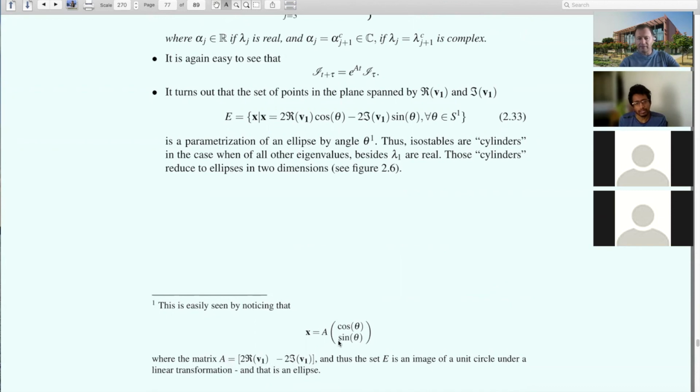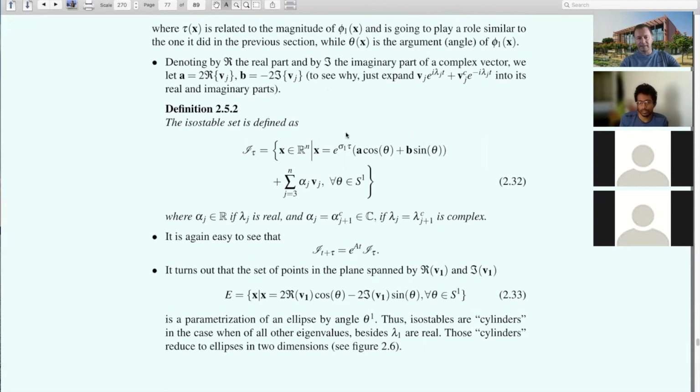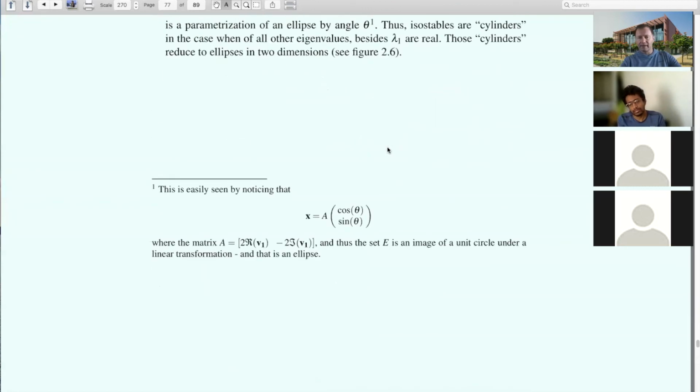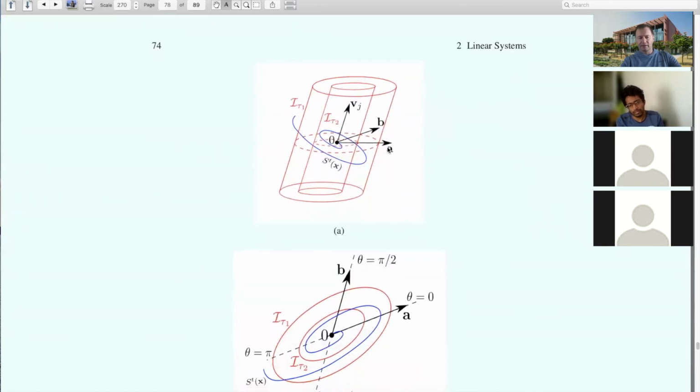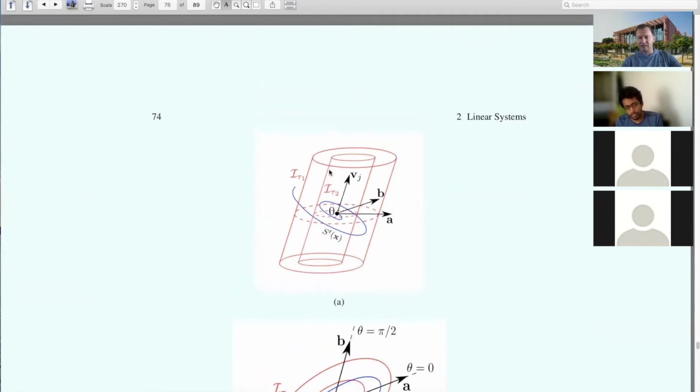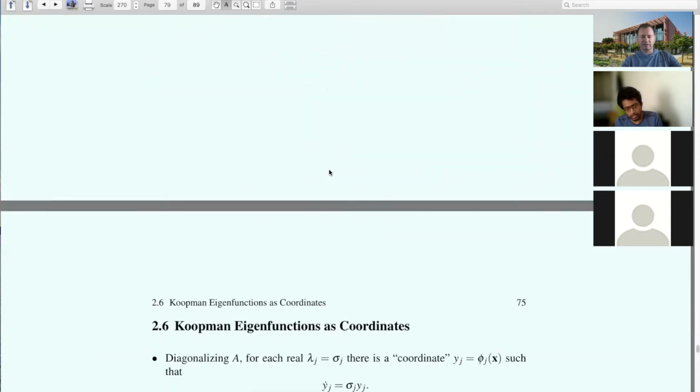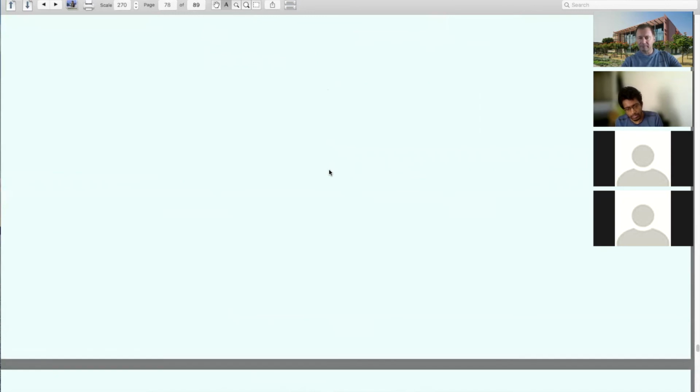This is a linear map, a matrix acting on a circle, and that is going to give you an ellipse, right? So that's why I said that this expression, when you vary theta, is going to give you an ellipse, and this is what ensues. Your isostables are now hypercylinders in general.